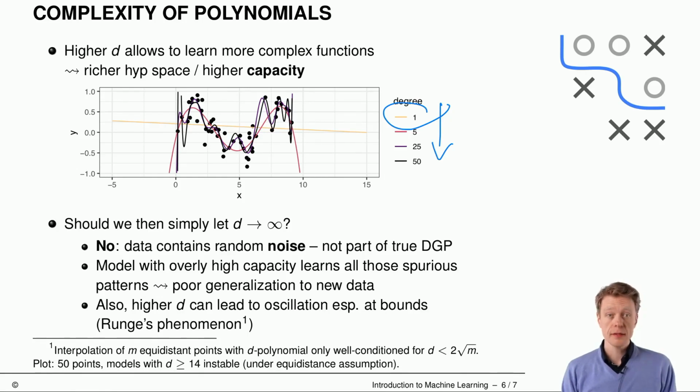So that's a bad idea, because the data contains random noise, okay, which is not part of the true data generating process. And if we conceive a model that has too high a capacity, then this learns all those spurious patterns. So it doesn't generalize to new data. And what we always try with machine learning is to learn a model which is not only good on the training data at hand, but we want to transfer this model to the future.